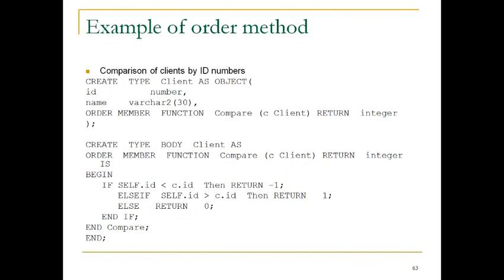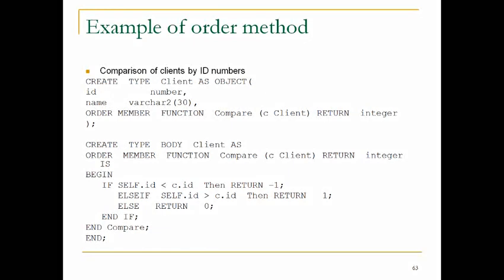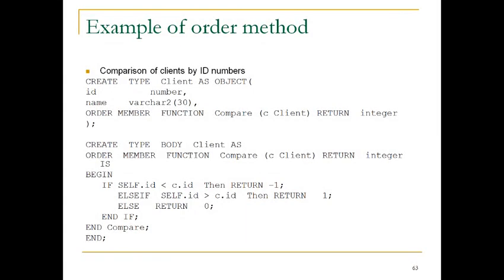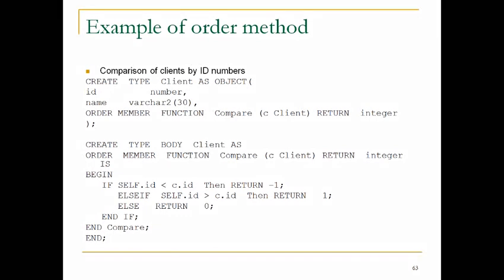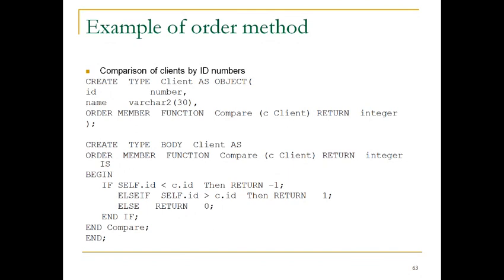Then we can create an order member function which compares this client to another client, and the method itself will be the following. If our ID is smaller than the ID of the object given as parameter, the variable c, then we will return -1, else if it is greater than the other client, then we'll return 1, and in the last case, if it's not smaller, not greater, then it's equal, we can return 0.